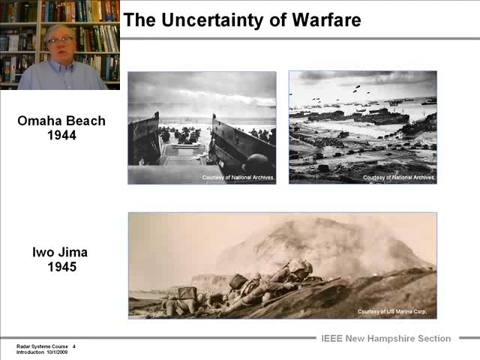And on Iwo Jima, there was just no way that they had of knowing how entrenched the Japanese were, as you can see there on the island of Iwo Jima, in Mount Suribachi, and how difficult and devastating the attack would be. And so the less uncertainty there is, the better you like it if you're a commander of war for your troops and for the outcome of the battle.